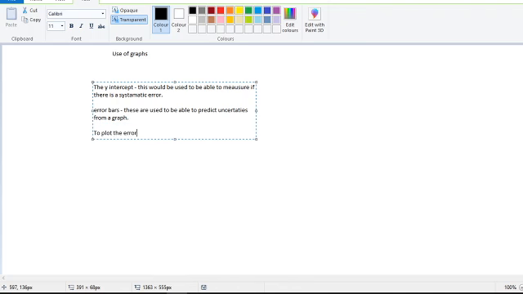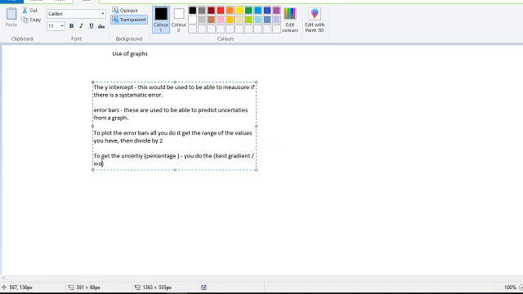To plot the error bars, all you do is get the range of the values you have, then divide by 2, and then to get the uncertainty, and that is percentage uncertainty, you do the best gradient minus worst gradient, divided by best gradient, and that is all times by 100. And I'll explain what that means.